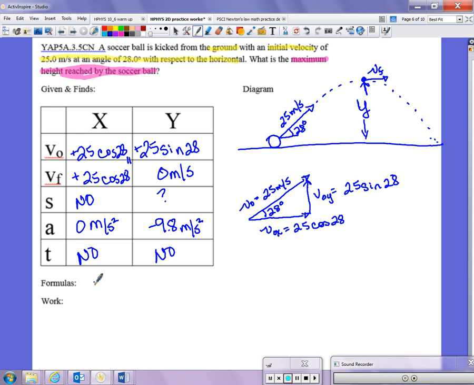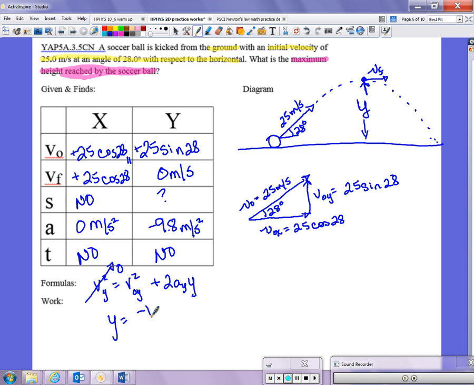That formula looks like v final y squared is equal to v initial y squared plus 2a sub y times the y displacement. And I know this final component is 0.